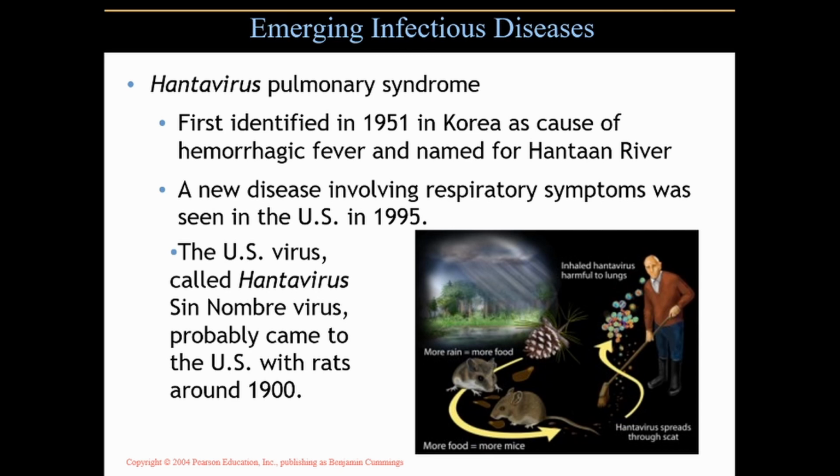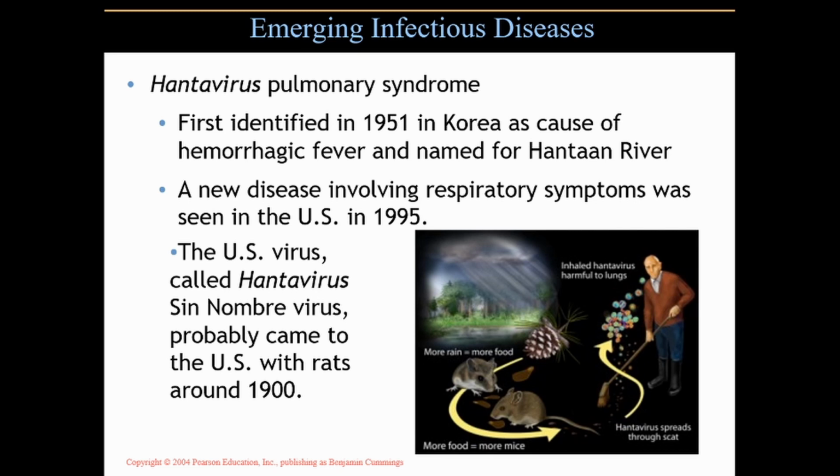Hantavirus, I remember this from 1995. The media had covered it somewhat, and there was some scare. First identified in 1951 in Korea as a cause of hemorrhagic fever, named for the Hantan River, and first seen in the United States in 95. So what happens is it comes during rainy seasons, so if you look in the little graphic there, more rain equals more food equals more mice equals more poop, and then the poop dries out, and this guy here you can see is showing an example.